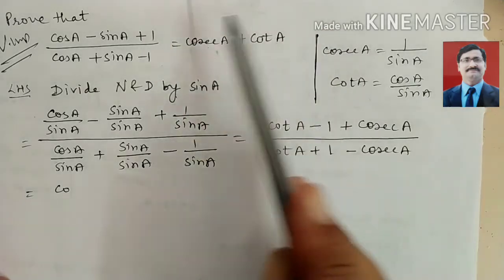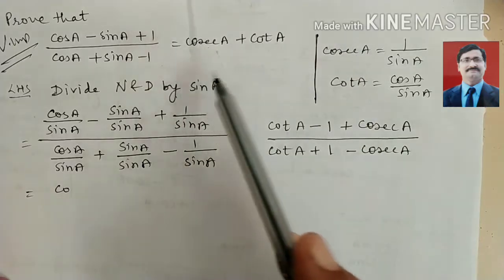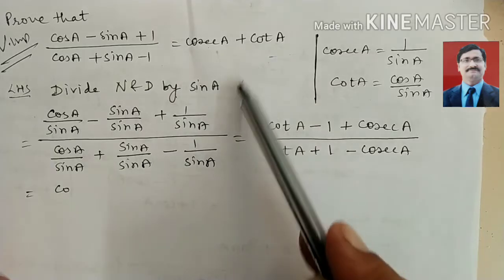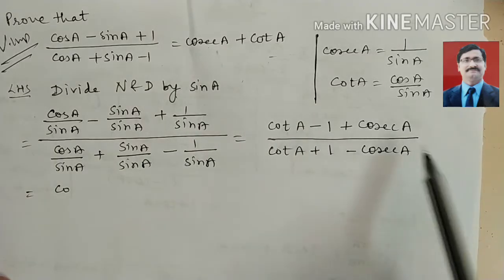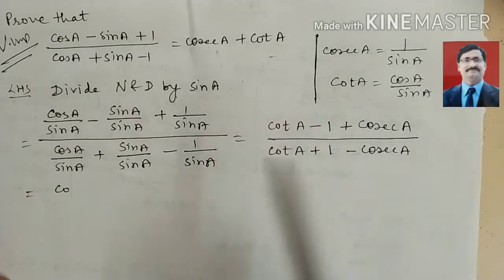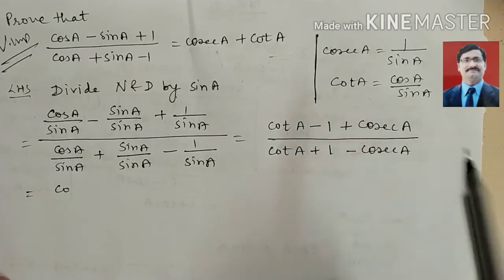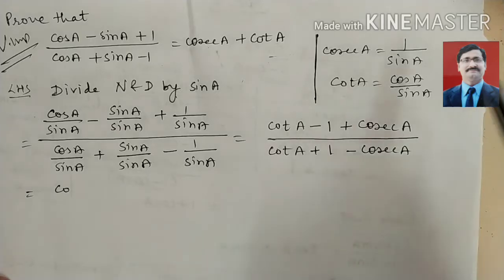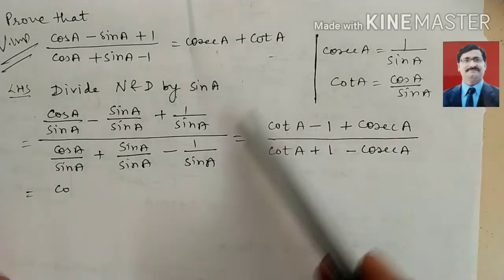Now look here, you can check this right hand side. On the right hand side we do not have any denominator, means the denominator is 1 here. The denominator is 1, means this part we have to convert into 1, and it is possible only when this denominator cancels with the numerator, and we cannot cancel these terms.